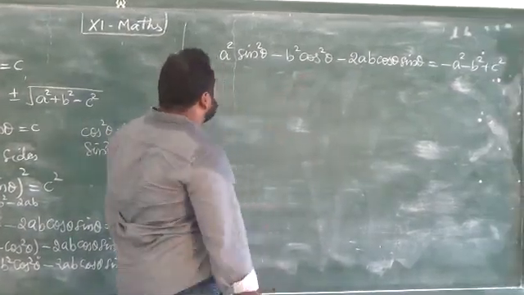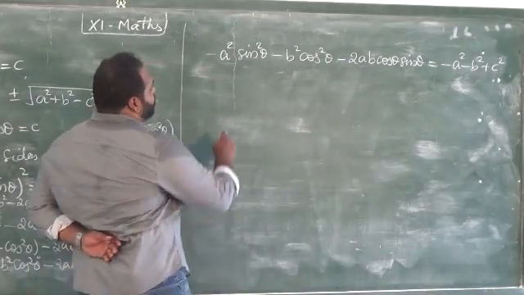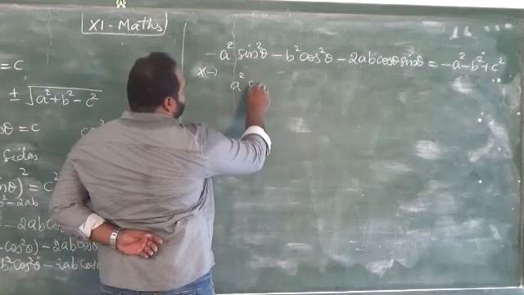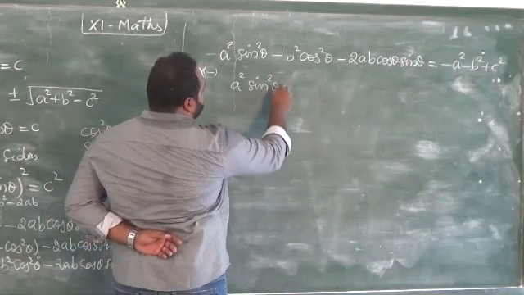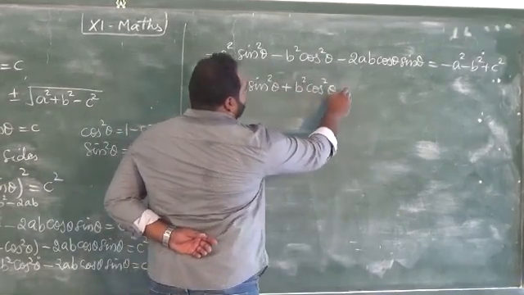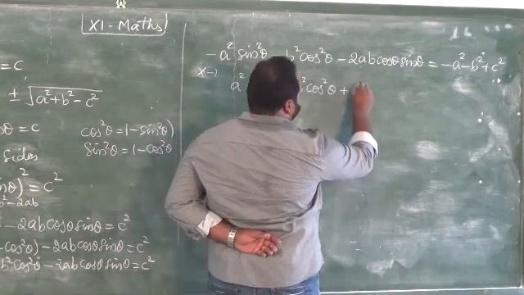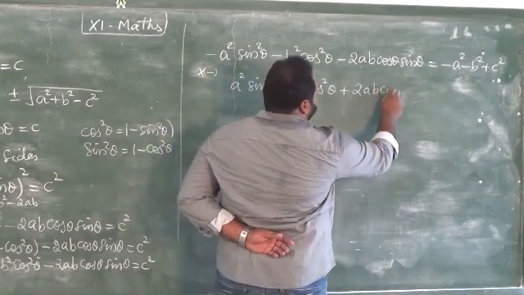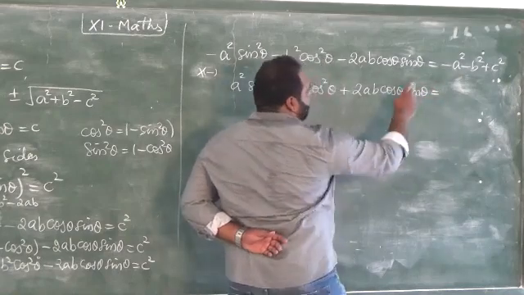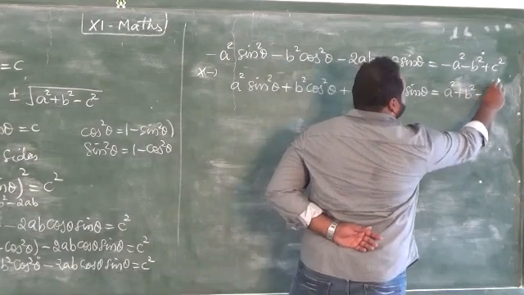Now if I multiply minus throughout the equation, I will get A square sin square theta plus B square cos square theta plus 2AB cos theta sin theta. So minus will become plus: A square plus B square minus C square.